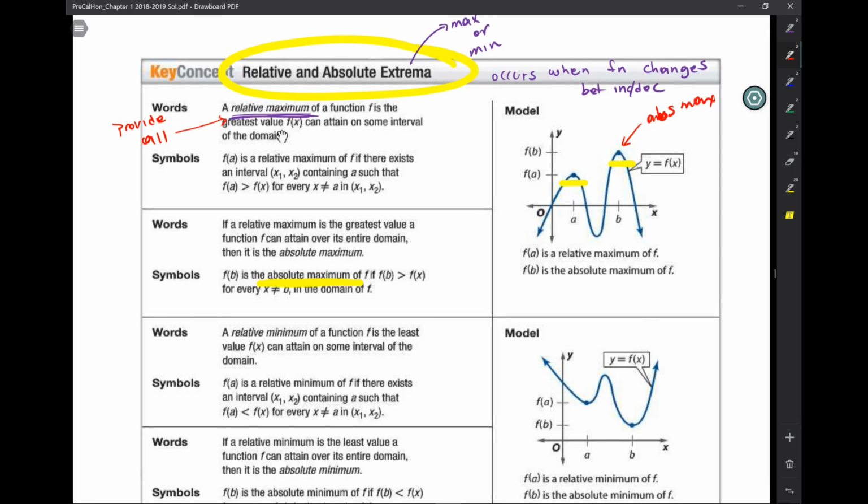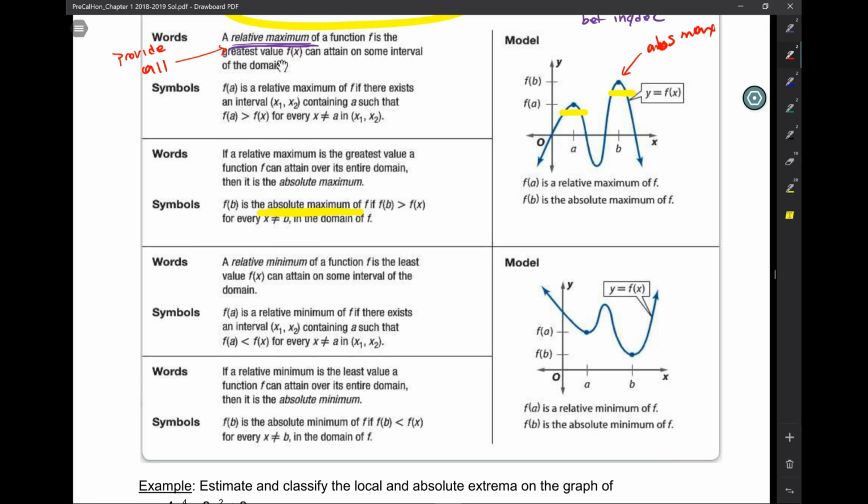The way the book labels this is sort of misleading, so don't go with it necessarily. If I want the relative maxima, give me everything. Minima is the same. You have relative minimum, and then you have absolute minimum. Again, here and here, this is the absolute minimum.